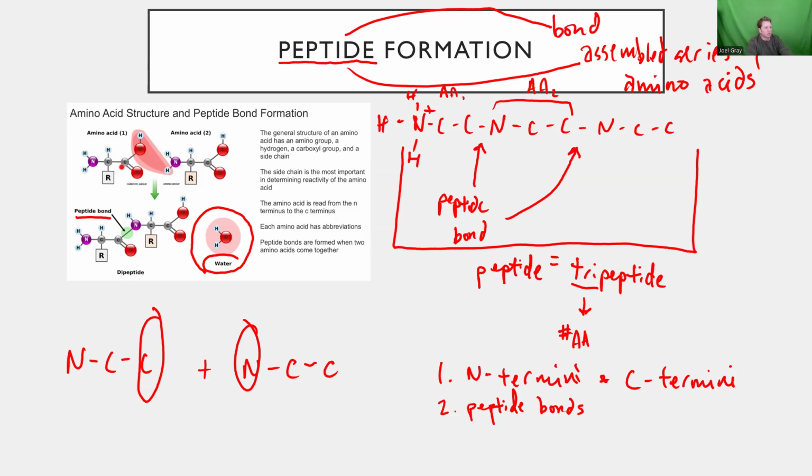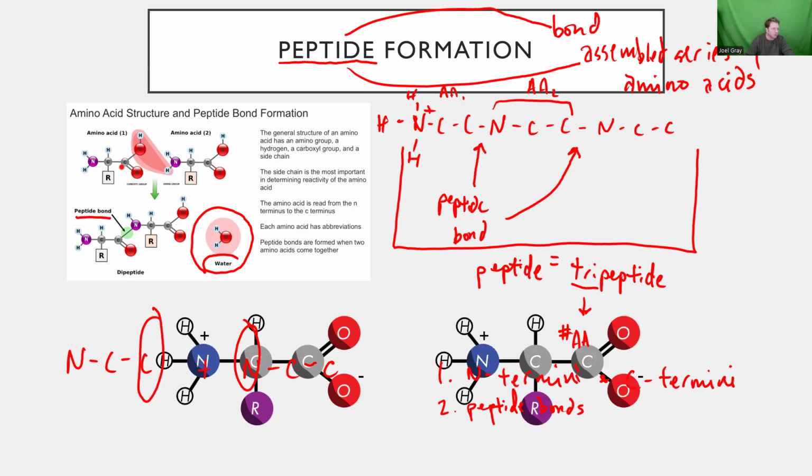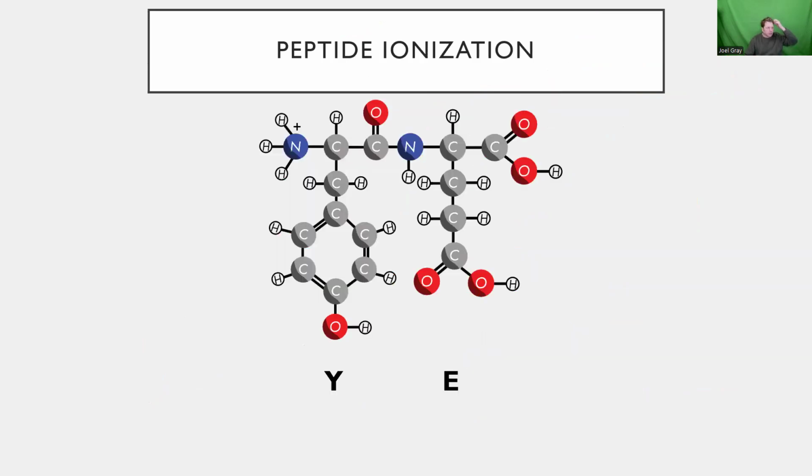Now, we're going to jump ahead. There's an example. And we're actually not going to be focused on ionization. Sorry about that. But this peptide right here is YE. Okay. So which amino acid is the N-terminal amino acid?